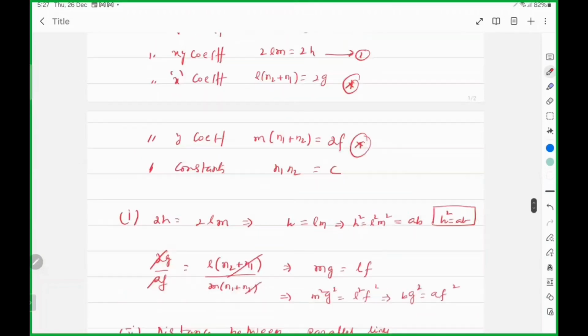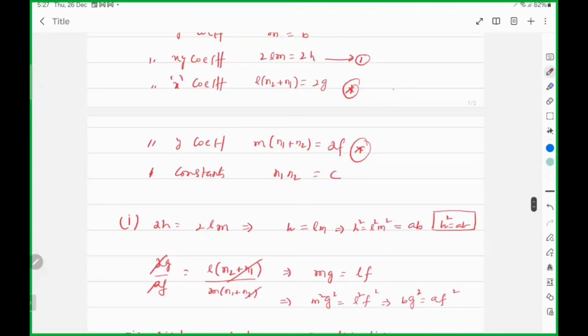Here from this star, n1 plus n2 is 2g by L. Here it is 2f by m.